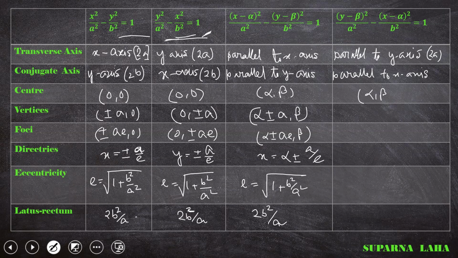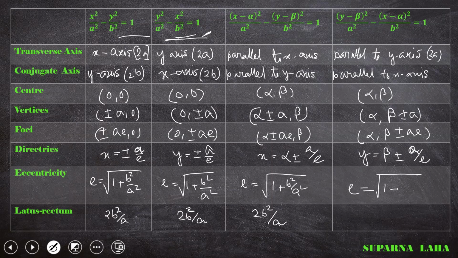Center is alpha comma beta, and the vertices are alpha comma beta plus minus a, foci alpha comma beta plus minus ae, and the equation of the directrix is y equals beta plus minus a upon e, and e is the same, under root 1 plus b square by a square, and the latus rectum is 2b square upon a.